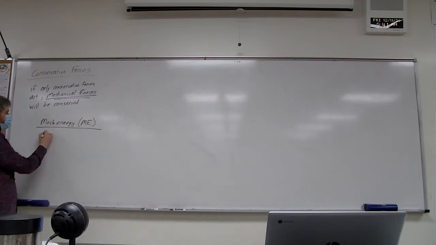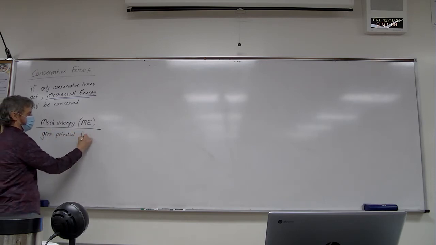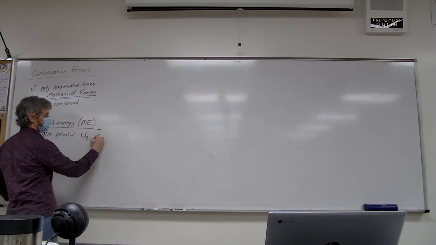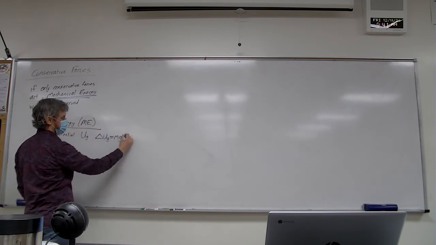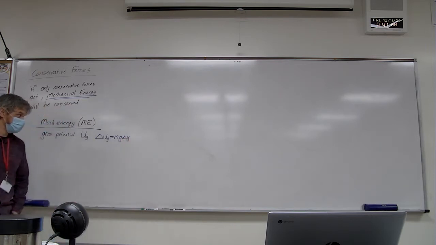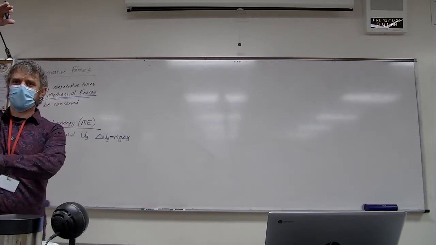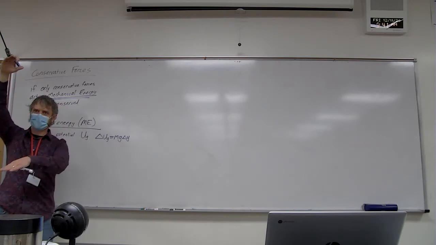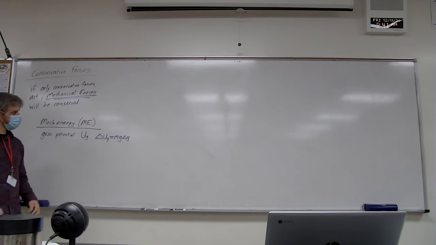But for right now, we just talk about gravitational potential energy, symbol U subscript G. The equation for it, delta U sub G, or the change in energy, is mass times the acceleration due to gravity times the change in height. If delta y is positive, that means the final position is greater than our initial position and we gained energy. If delta y is negative, then our final position is smaller than our initial position. Delta U is negative because we've lost gravitational potential energy.